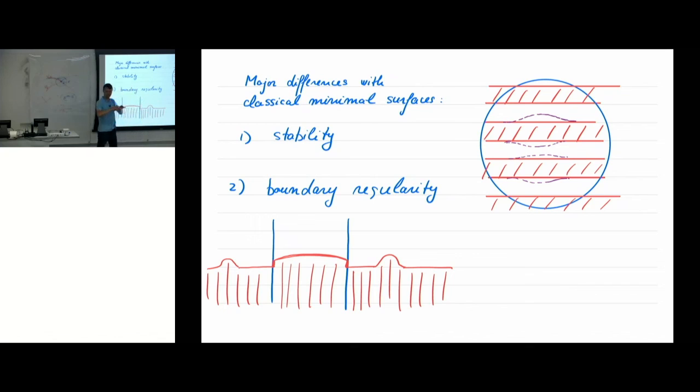Seems like this is a critical point, meaning that at each point on the boundary, the non-local mean curvature is 0, or even the classical mean curvature is 0. If I look at the classical mean curvature, this is stable. If I try to perturb this and I look at the lengths of the perturbations, the length of the perturbation would be more than the length of the original set.